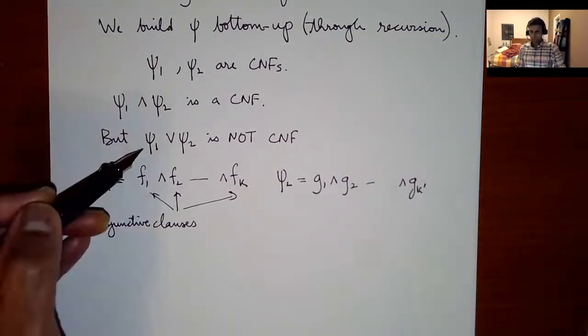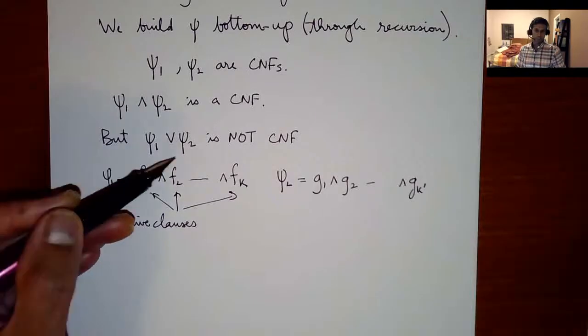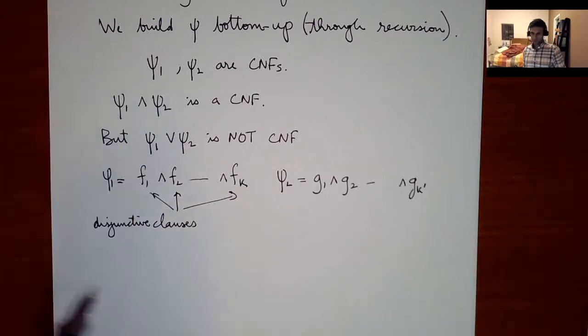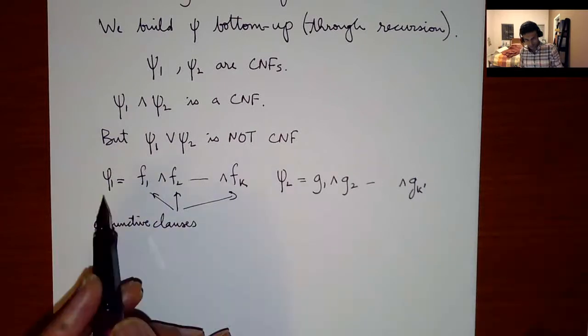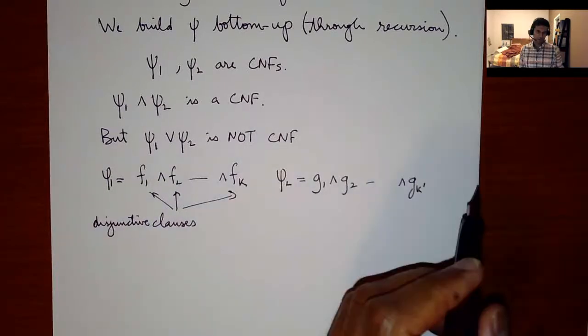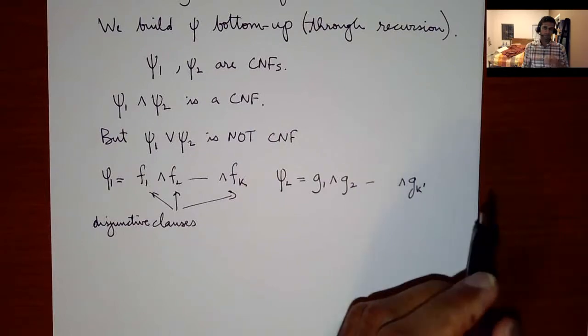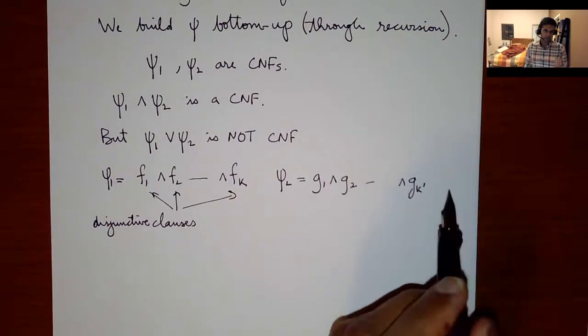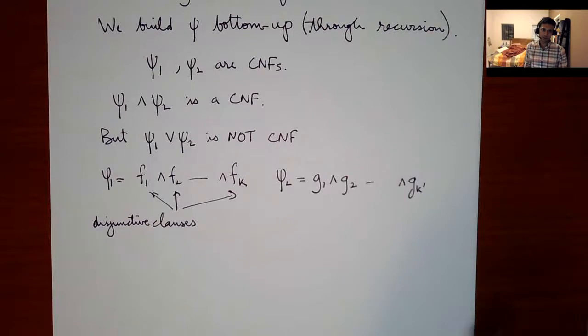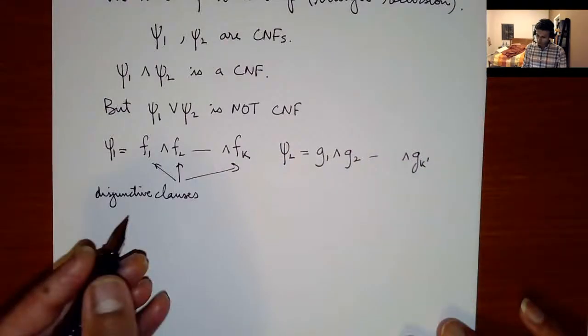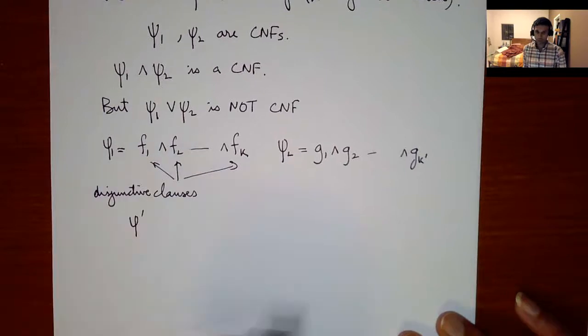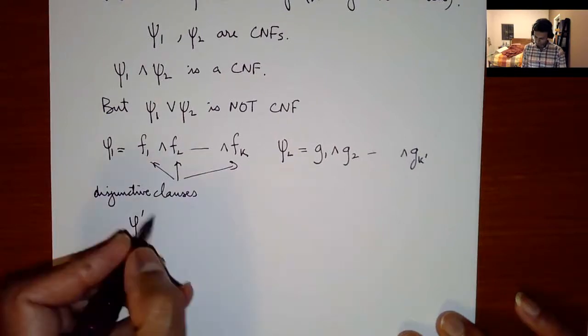Now what does C1 or C2 say? It says either all of these are true or all of these are true. And it's not exclusive or, but just or. So these are true or these are true. So I'm going to create C prime just by adding a dummy variable.